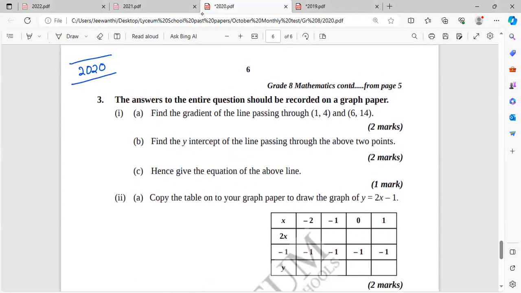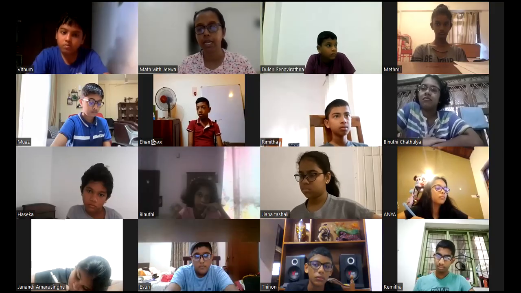Right, so then find the gradient of the line passing through 1, 4. Now you can understand that I don't want to explain that much because we already discussed the same kind of question. And you can also understand that if you are thorough with a particular method, then you don't need to worry that they have given the same thing, right? So we will move to the whiteboard and see how we can do this.